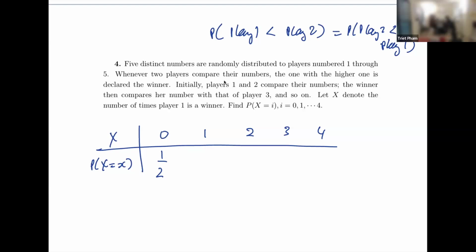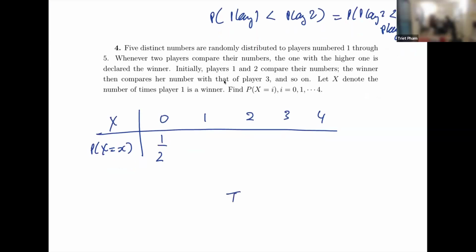It must be the case that player 1 wins over player 2, but loses to player 3. What's the probability that this would happen?